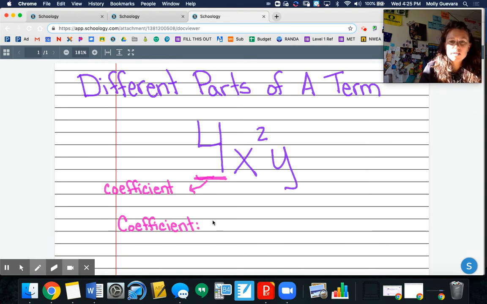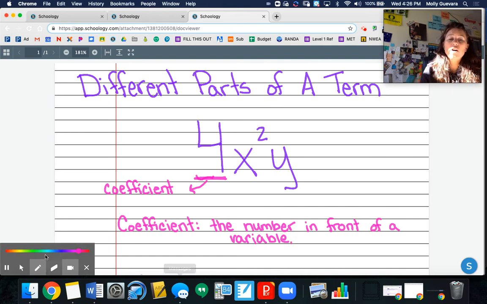And the definition of a coefficient is the number in front of a variable. So if there's a number in front of an x or in front of a y or whatever, that number is called a coefficient. Okay?